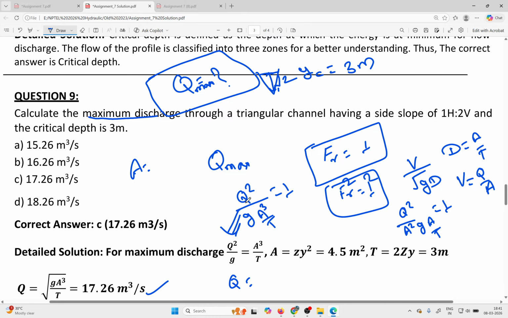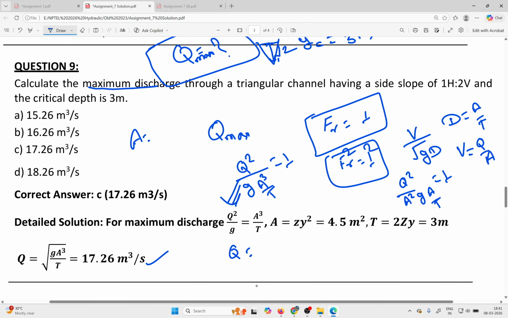Now let me tell you how I will calculate the area. In the question it is very clearly given, 1 horizontal means 2 vertical, or 2 vertical means 1 horizontal. If the depth is given 3 meter, you are going upward 3 meter.